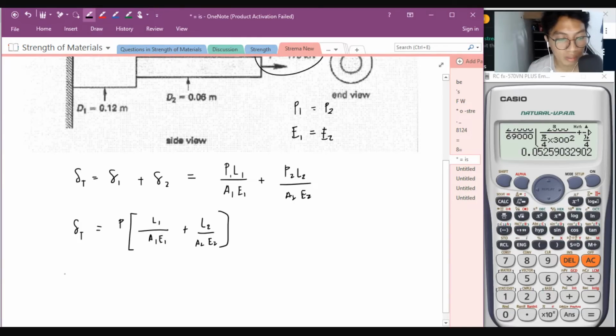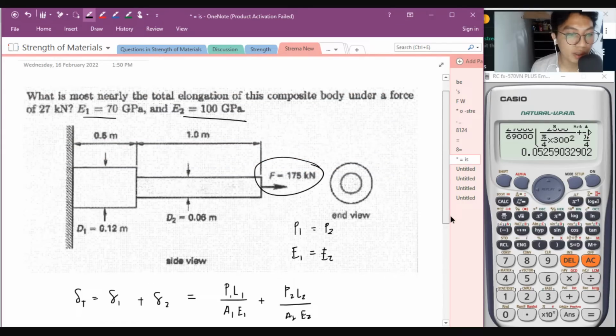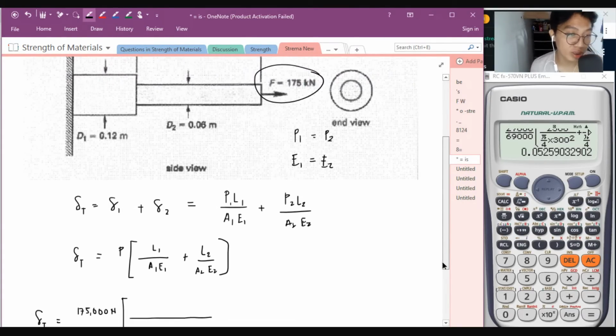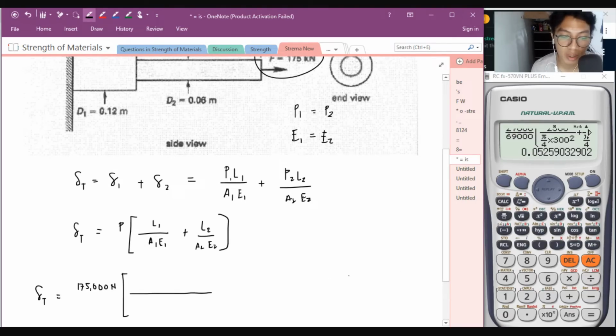Total elongation, yung P, 175 kilonewtons, 175,000 na lang yan, Newtons. Multiplied to L1. What is L1? Yung length 1 is 0.12 meters. Times ko na agad ng 1,000 para maging millimeter.